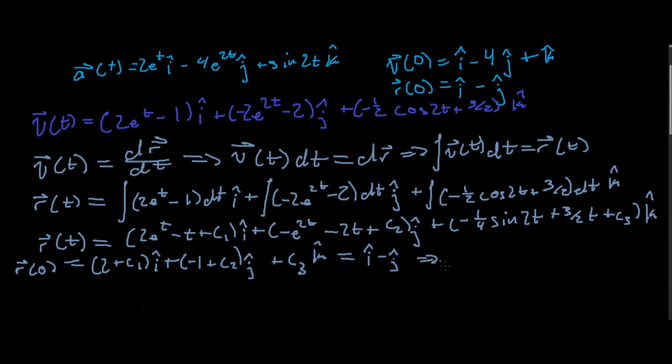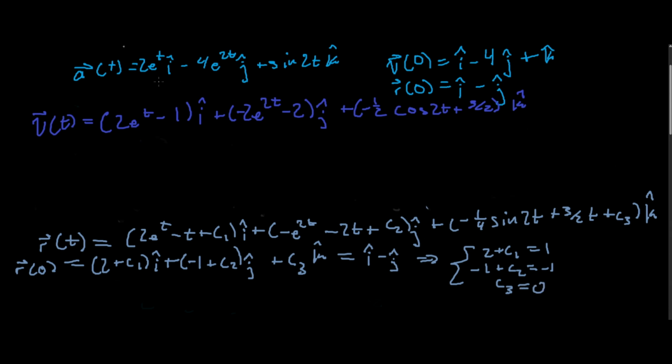So from this, saying again the little group of equations, 2 plus c1 equals 1, negative 1 plus c2 is negative 1, c3 is just 0. So from this group of equations, we can find the constants: c1 is negative 1 and c2 is 0.